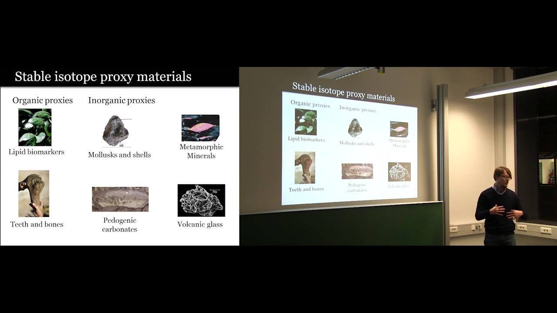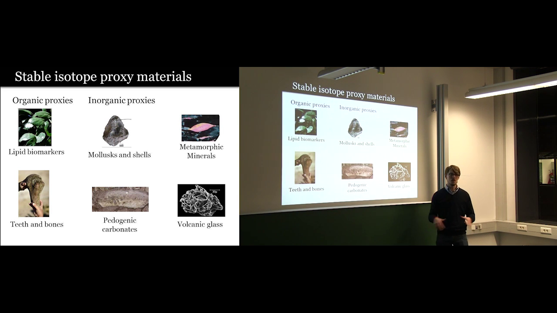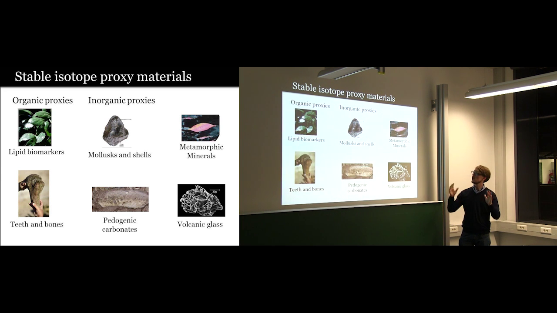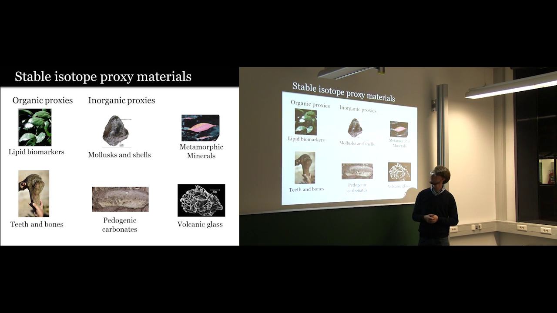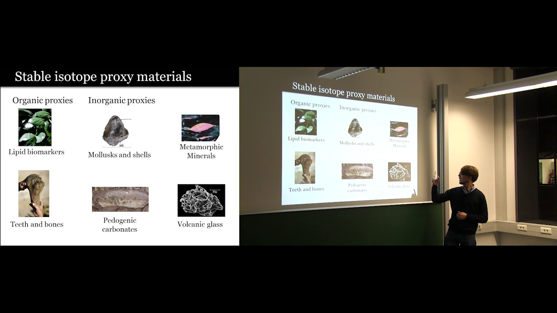If you work in a paleo record, you have a whole set of options of what proxies you like to use. There are many different ones. My work mostly involved organic proxies or lipid biomarkers and pedogenic carbonates. Heiko Pingel's work was all around volcanic glass and the isotopic composition of volcanic glass.